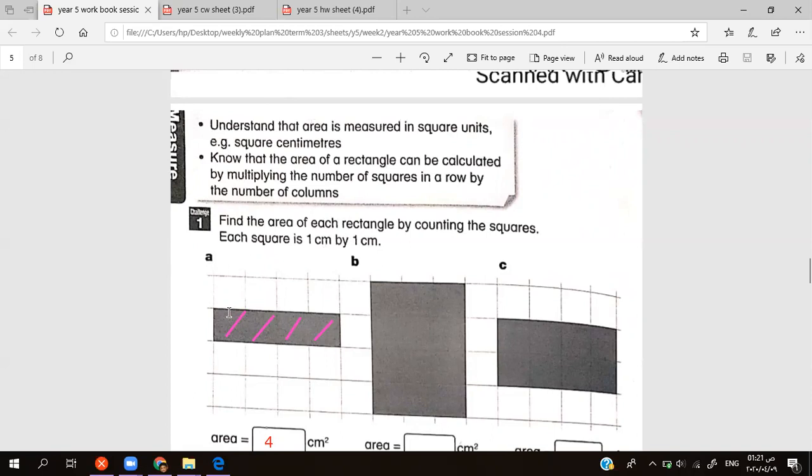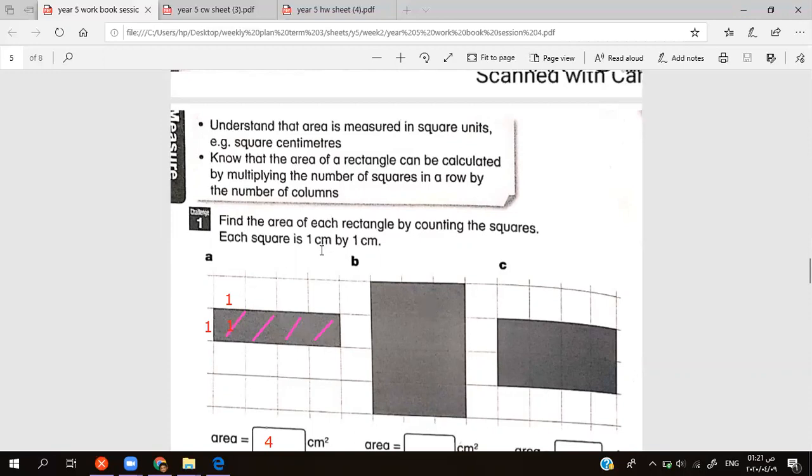Because if I took this square, and he's saying that each square is 1 centimeter by 1 centimeter, this means that here is 1 and here is 1, right? And to get the area of anything, I multiply its sides by each other. So here 1 by 1, so the area of this square is 1. But the area of each square is 1. So 1, 2, 3, 4.